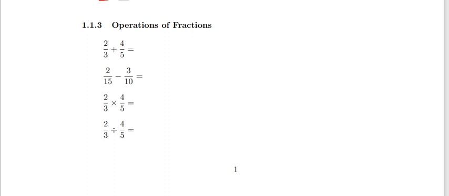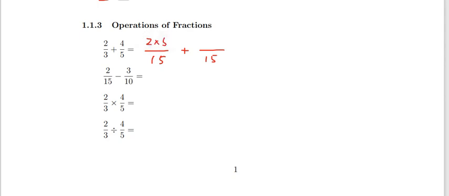Like 3 and 5, the common denominator is 15. So 2 over 3, 3 becomes 15, so we multiply by 5, and here the numerator we should multiply by 5 also.